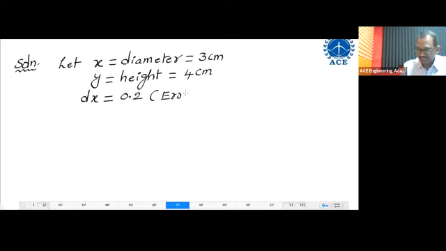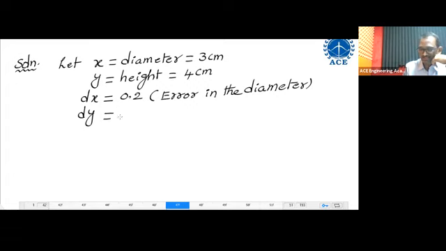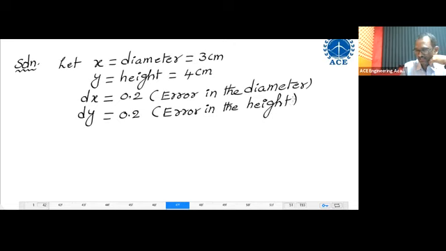Diameter is x, error in the diameter is dx. Height is y, error in the height is dy, also given to be 0.2 centimeters.